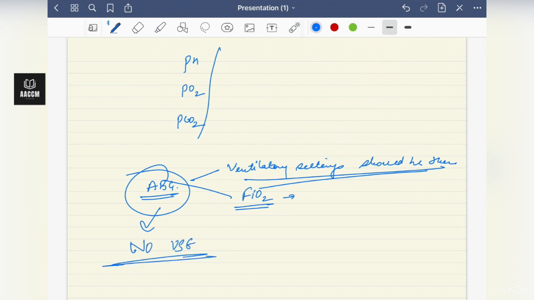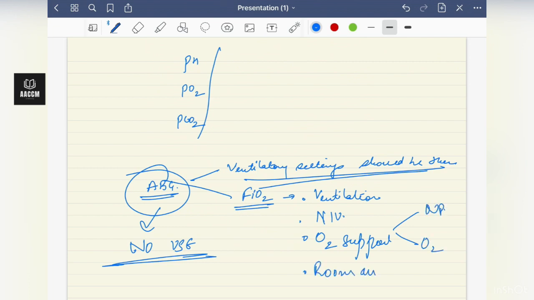You have to remember whether the patient is on mechanical ventilation, on NIV support, on oxygen support through nasal prongs or an oxygen mask, or at room air. This has to be established before deducing the normal pH, PO2, PCO2, or any values from the ABG.